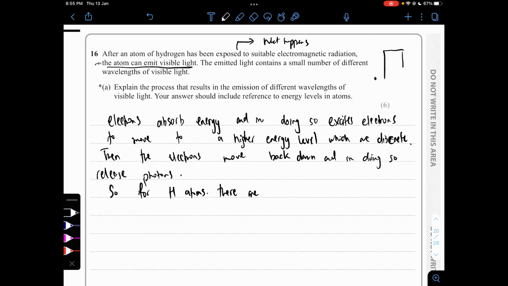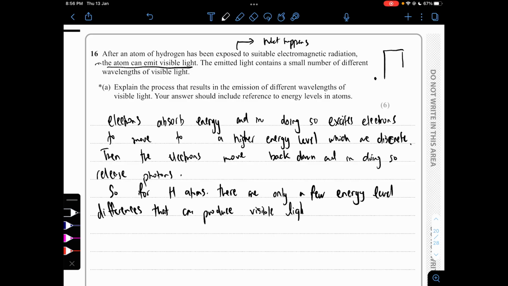There are only a few energy level differences, and because of that, that can produce visible light.